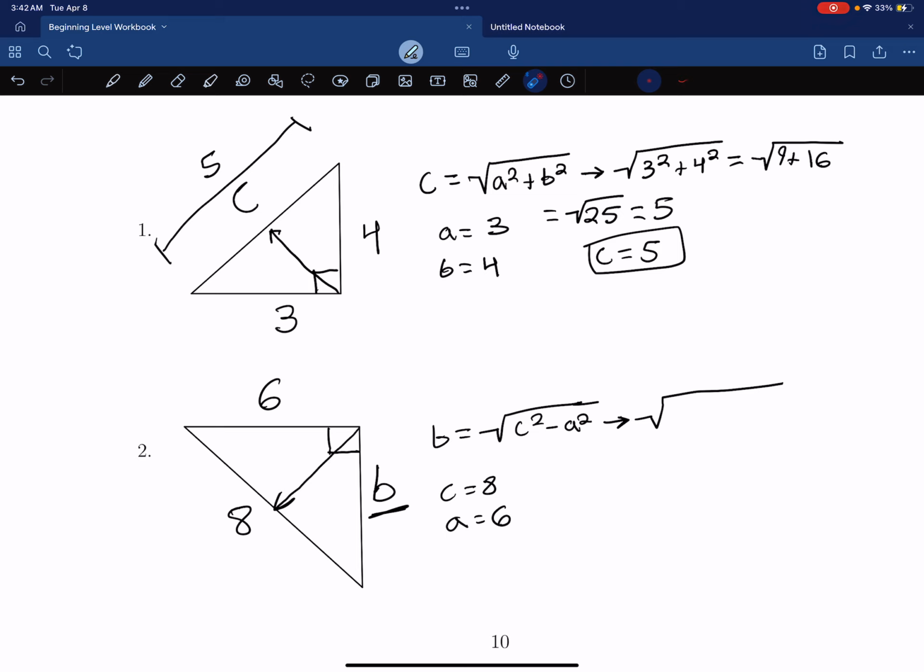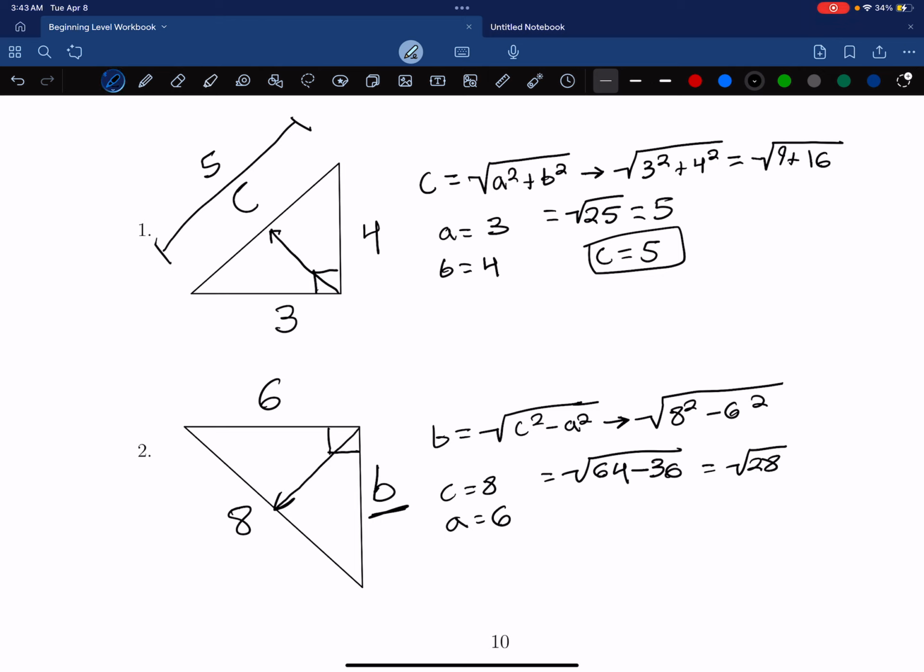Okay, so we have C, which is 8, so we're going to do 8 squared minus 6 squared. And 8 squared is 64, so we have the square root of 64, and then minus 6 squared is 36. And if you do 64 minus 36, you will get 28.